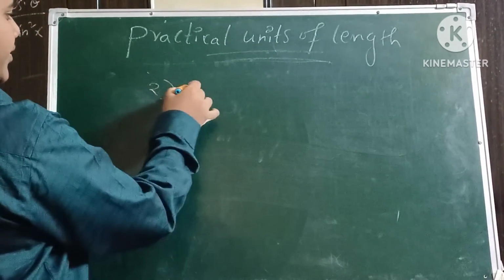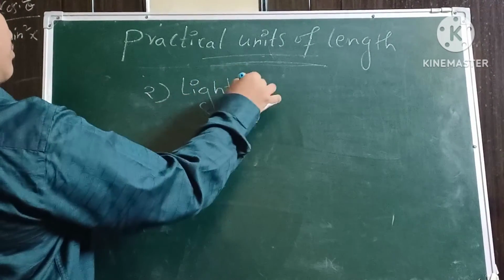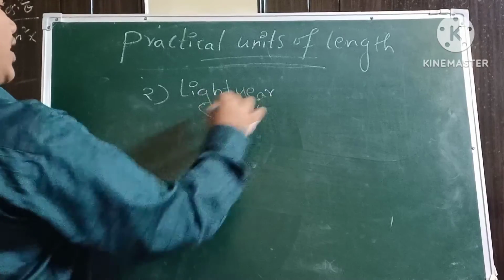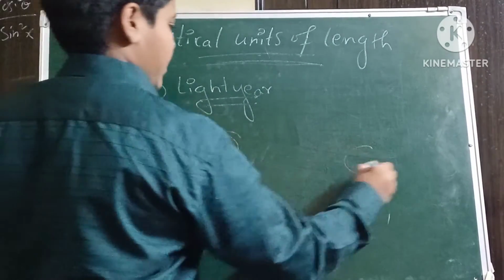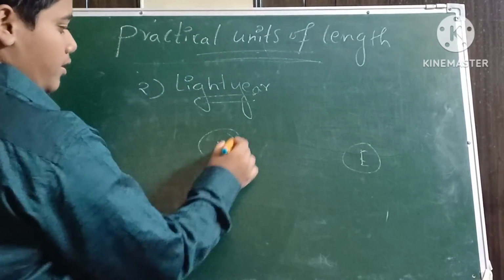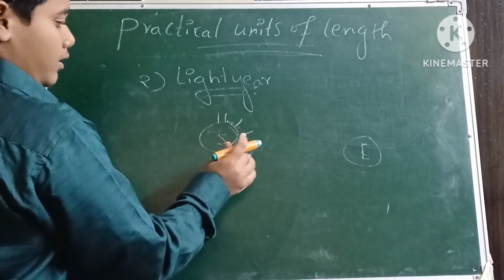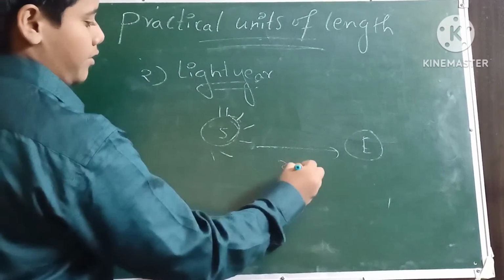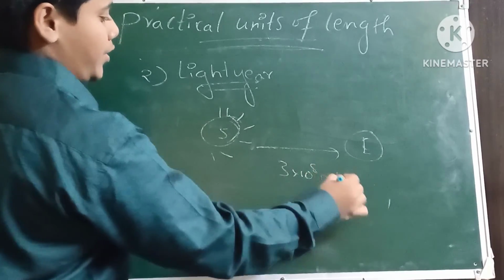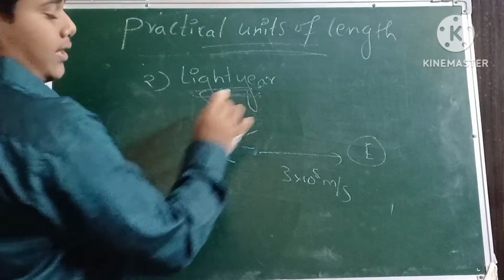And the second unit is light year. What is light year? If I take this as a sun and this as a earth again. So here the sun gives light. So this light comes with a speed of 3 into 10 to the power of 8 meter per second to earth. So they are asking what is light year.